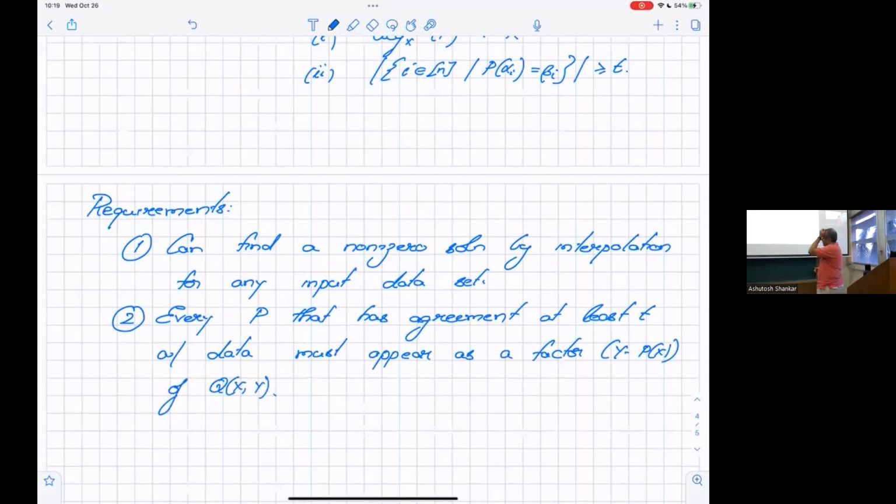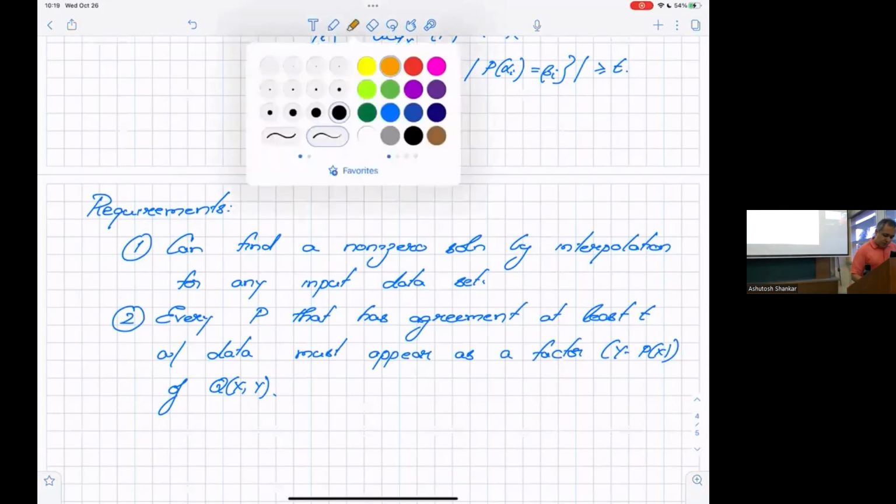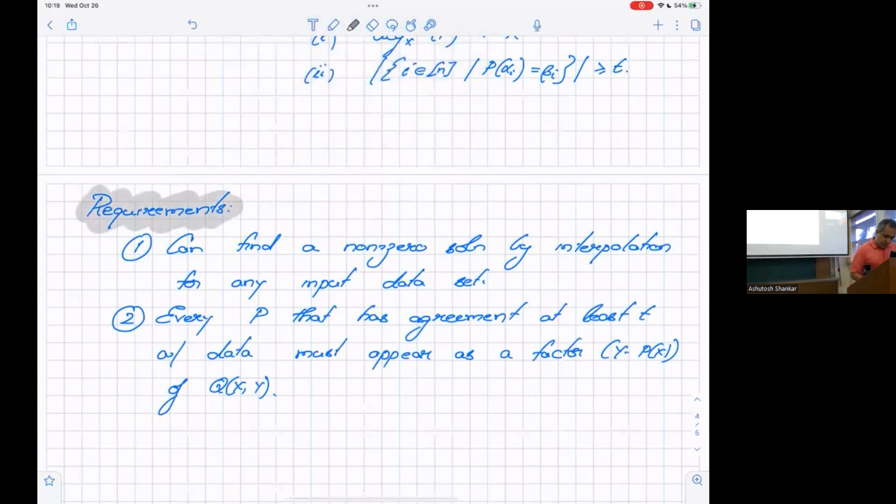We want this. So these are the requirements which we have. So let's now find out the setting. What is the interrelationship between n, k, l, and t, such that both these requirements can be met?